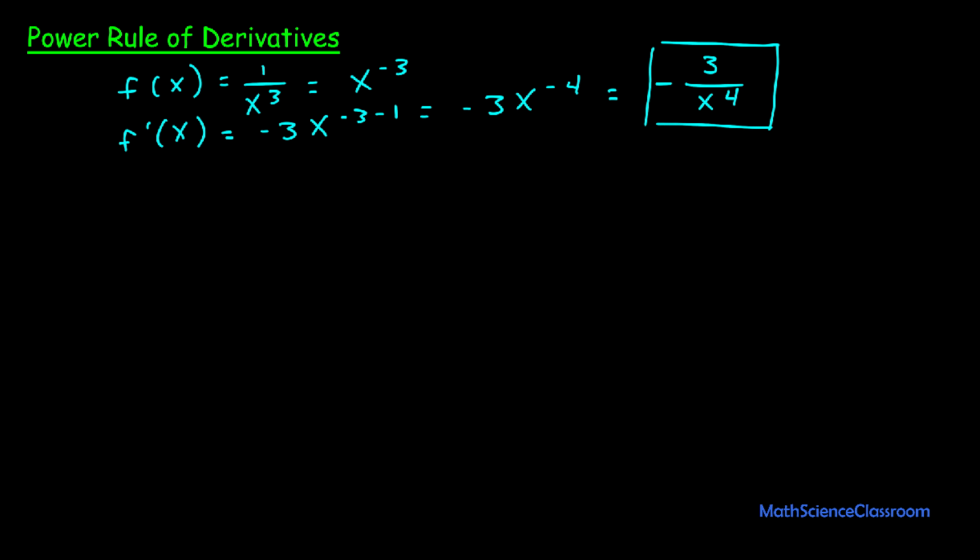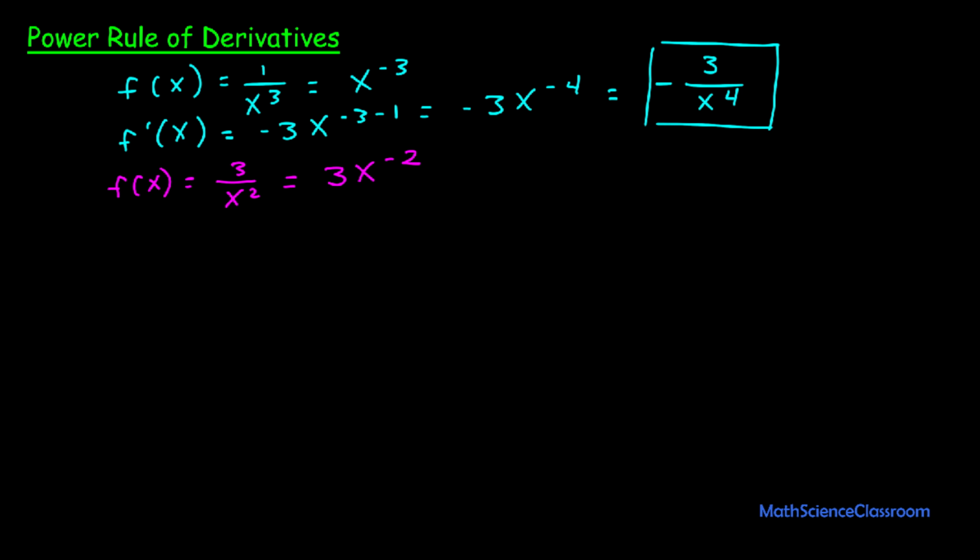Let's try another. So f of x equals 3 over x squared equals 3x to the negative 2.